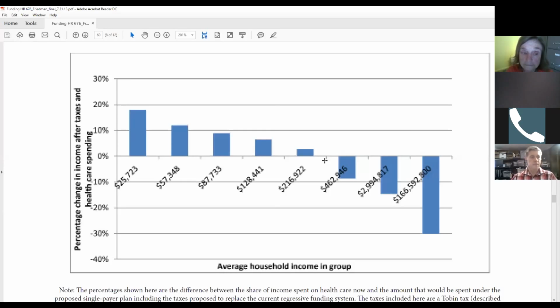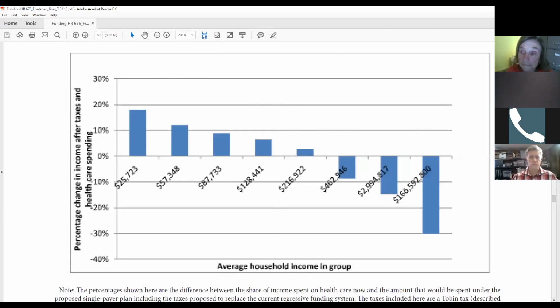And anyone who's making over that is likely going to pay more under a Medicare for All system. So what this chart is basically telling you, that this break even is somewhere around $460,000, I'm sorry. But most people, the vast majority of people, basically anyone who's not in the 1%, is going to save under a Medicare for All system.